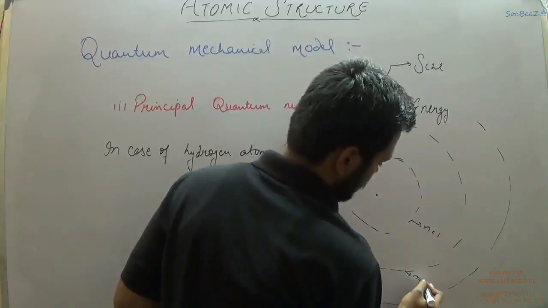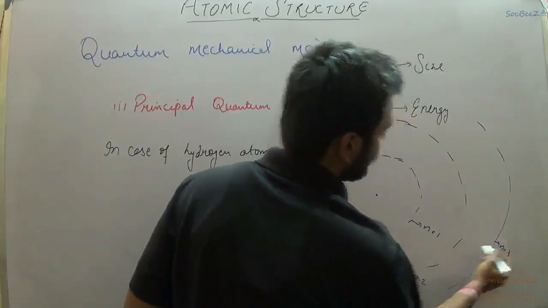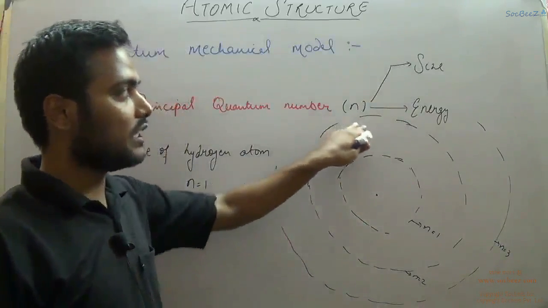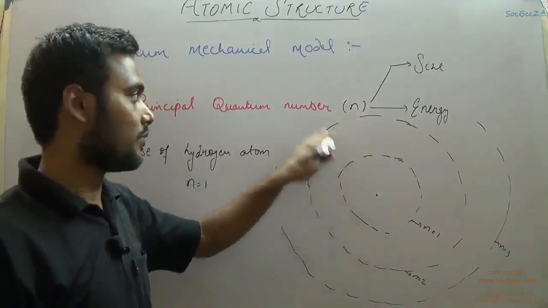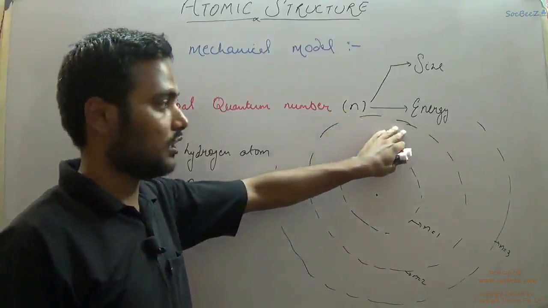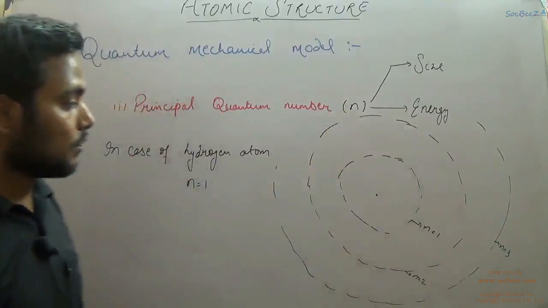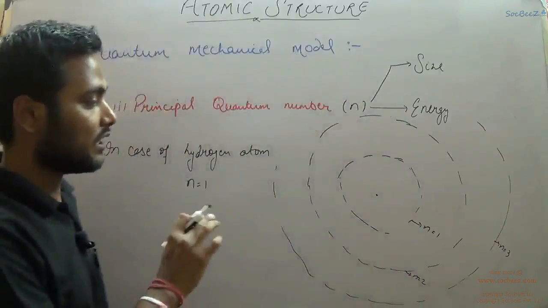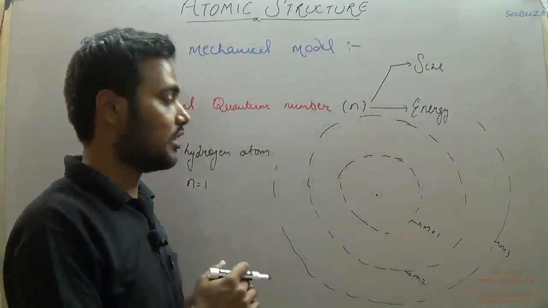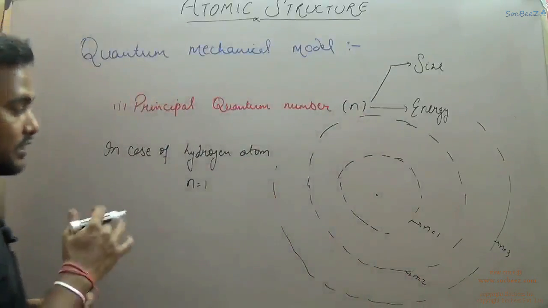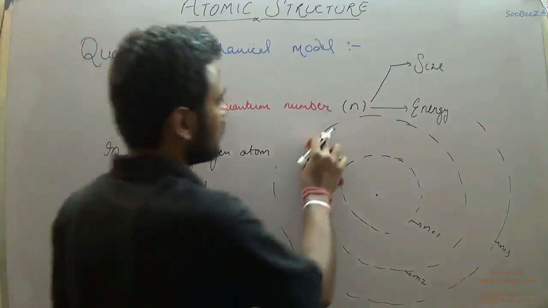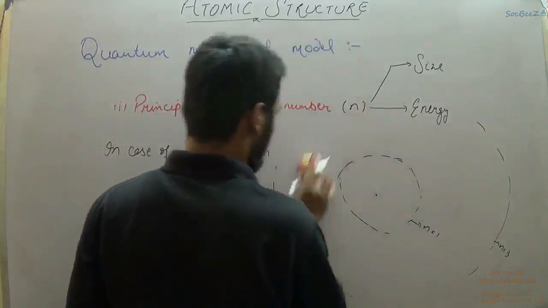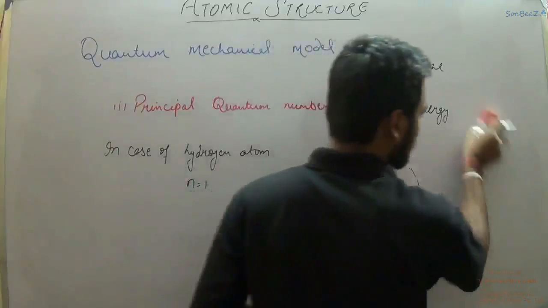So it basically tells you the size of an atom, and it also gives you a lot of information on the energy. Now this particular N is not fixed. If we say that this N is fixed, then it will be a violation of Heisenberg's uncertainty principle. Now let's focus our discussion on N equals 1 in case of the hydrogen atom. But first, let's discuss something about the azimuthal quantum number as well.